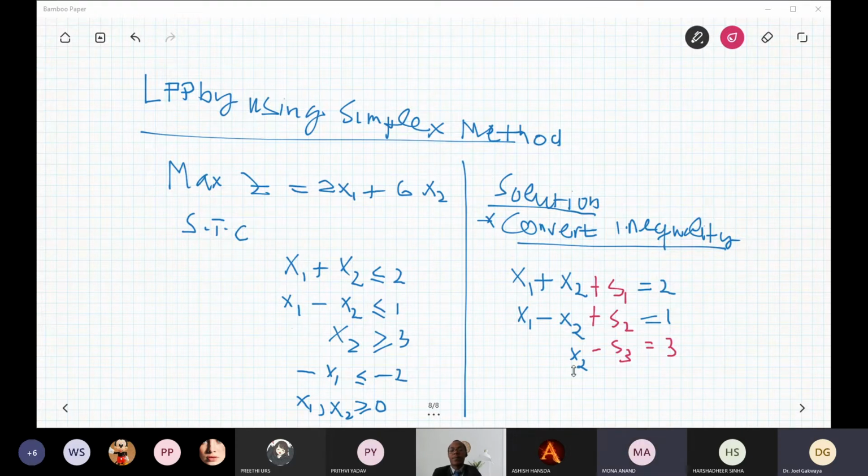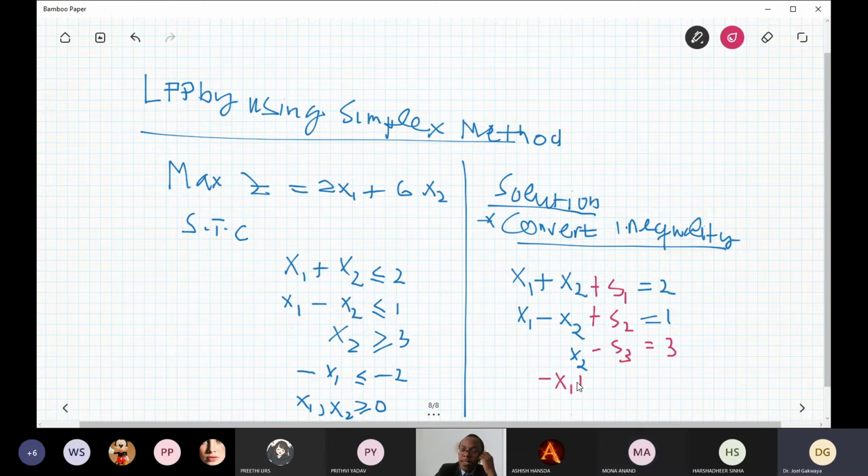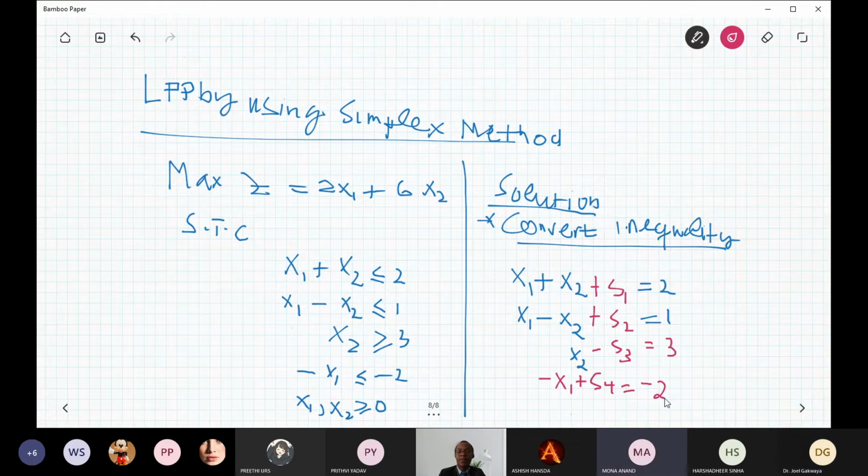Minus x1 plus S4, which is equal to minus 2. Then, done? Yes, sir.